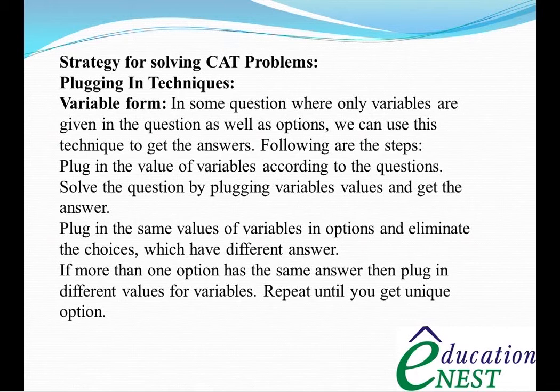Solve the question by plugging in the variable values and get the answer. Plug the same values of the variables into the options and eliminate the choices that have different answers. If more than one option has the same answer, then plug in different values of the variables. Repeat until you get a unique option.